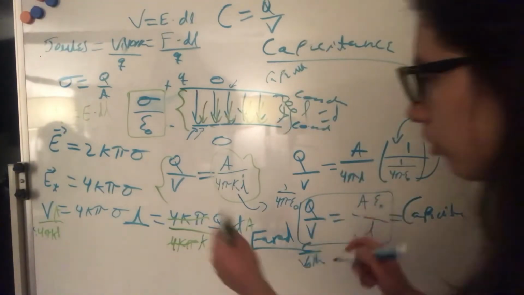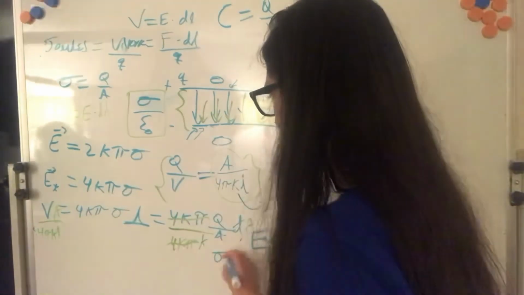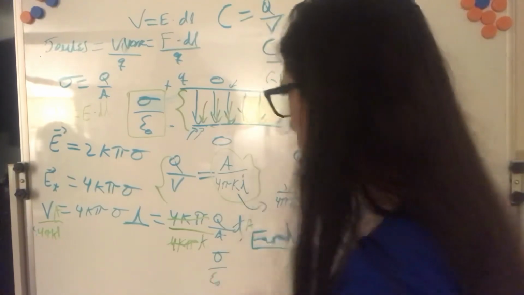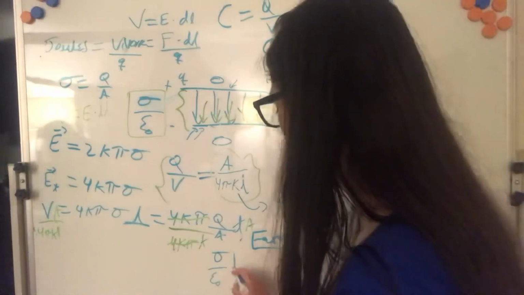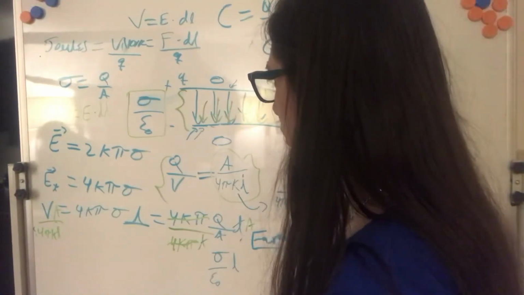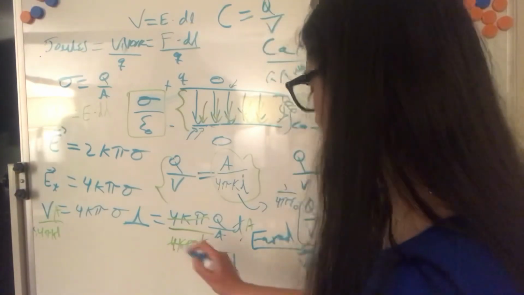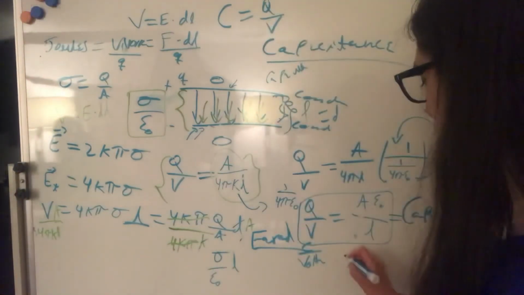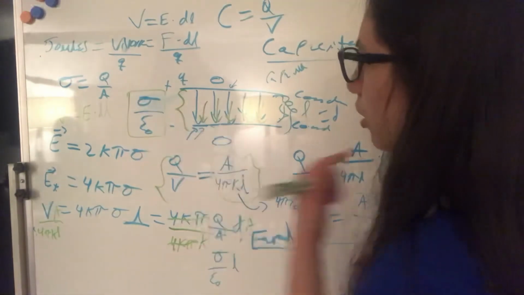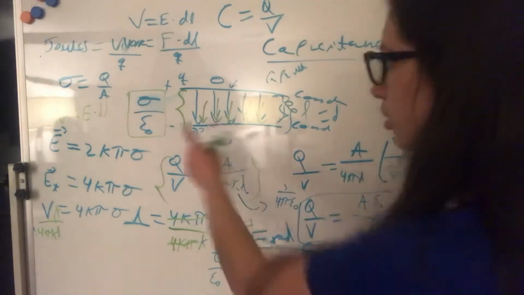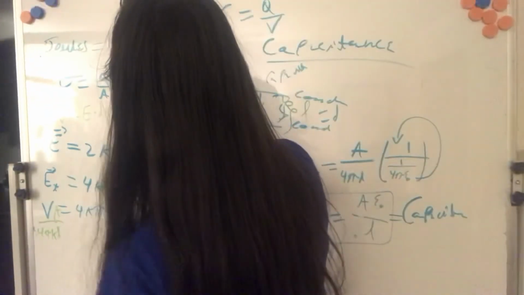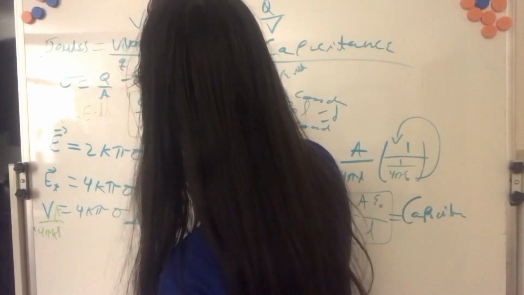So the voltage is sigma divided by epsilon naught times L. And the charge is sigma times area.